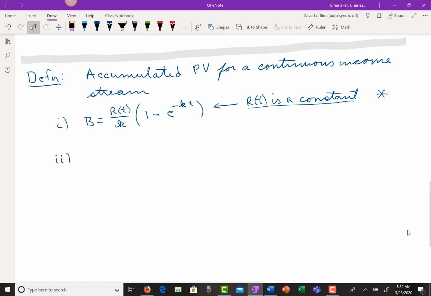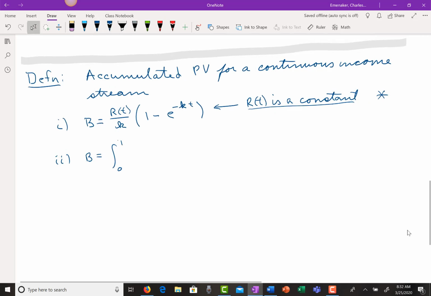Second option is the balance, and remember, by balance we're talking present value, is equal to the integral from 0 to capital T of R of t e to the negative k lowercase t dt.